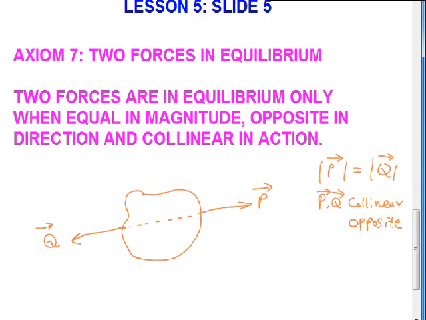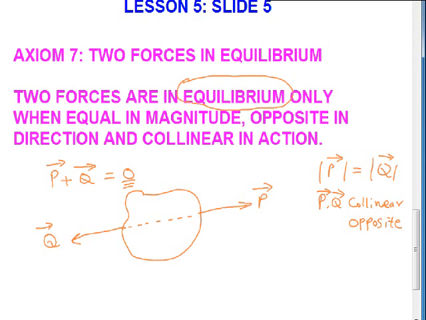This in some sense says that when both P bar and Q bar are acting on this object, the net force acting on the object is 0. Both of these cancel out. So in some sense, this law strikes an analogy between equilibrium of forces and zero as a number.